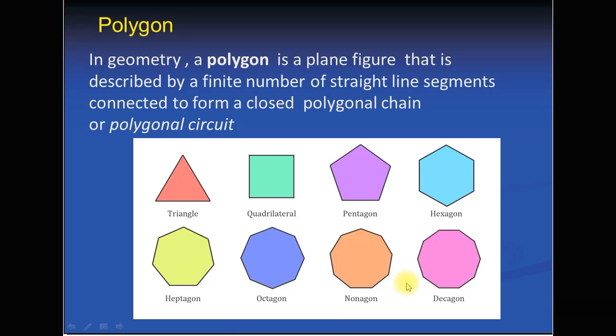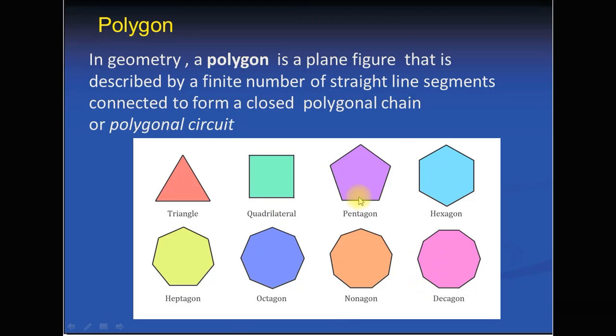And another type, decagon. Decagon is a polygon in which there are 10 line segments connected to form a closed polygonal chain. For example, you count here the sides of this polygon: line segment number 1, 2, 3, 4, 5, 6, 7, 8, 9 and 10.